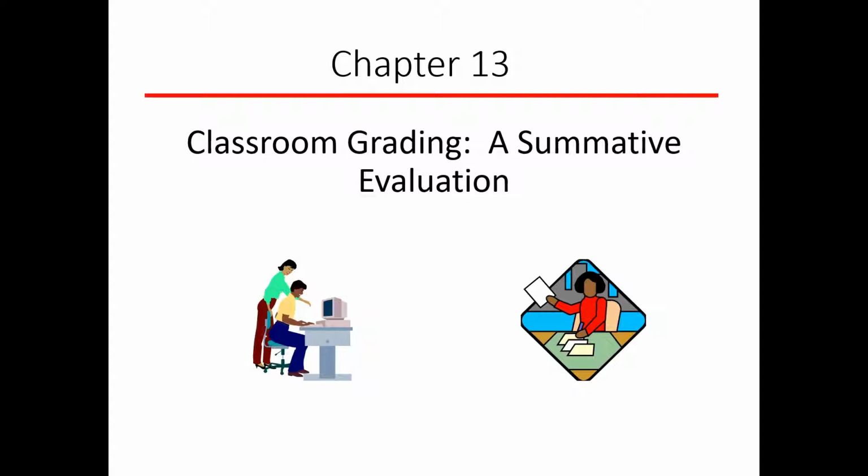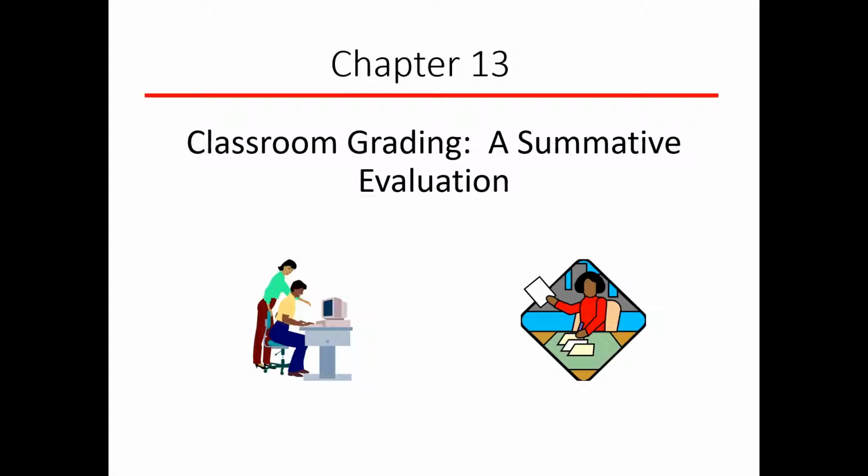So remember, summative evaluation is when we are assessing at the end of some kind of intervention. So in this case, it would be your semester class or the quarter, a year, whatever the ending point of your intervention is.